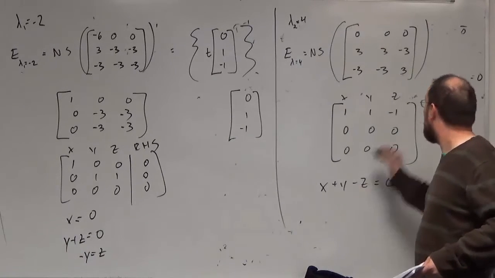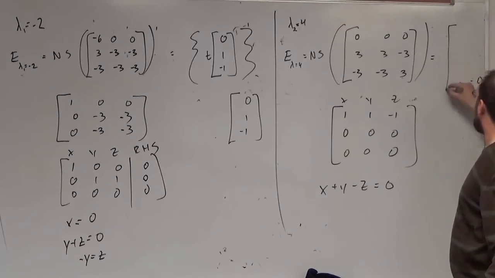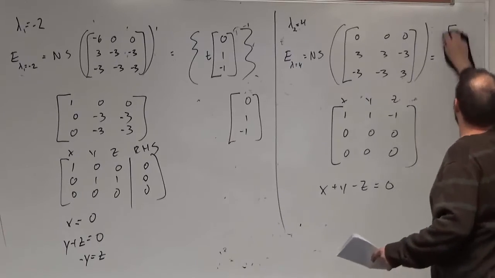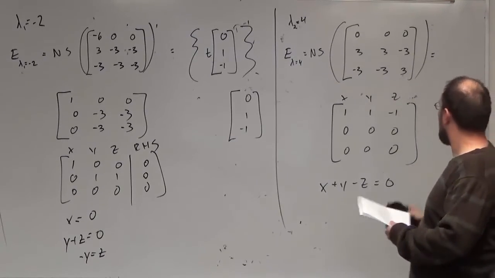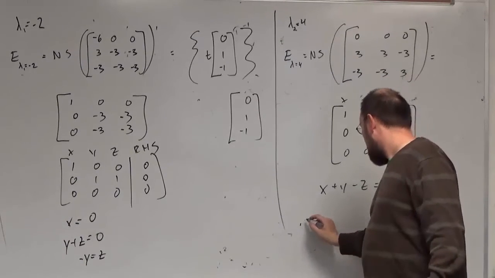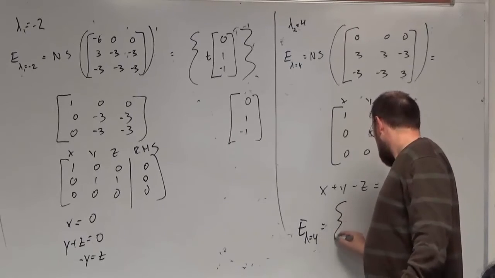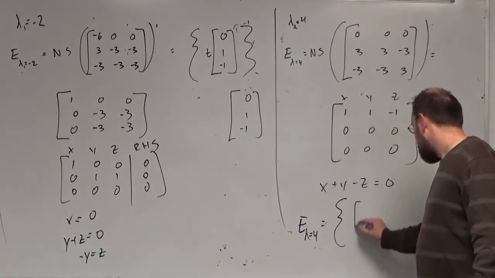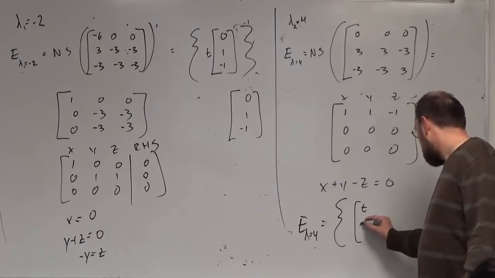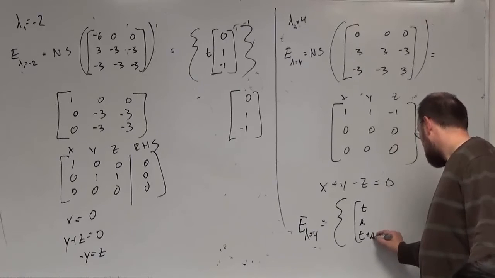And so, if we let x and y be some parameters, the eigenspace for lambda equals 4: we can let x be t, let y be s, and z would have to be t plus s.